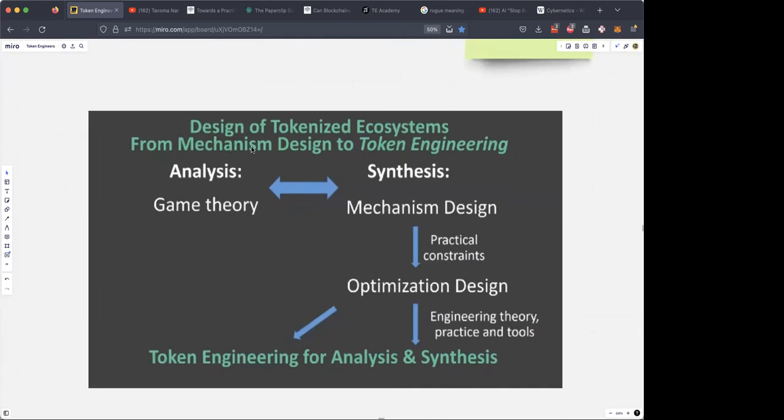Right, so Trent makes this connection between game theory and mechanism design. This is a phrase that's going to come up very, very often. Are you familiar with what game theory is?